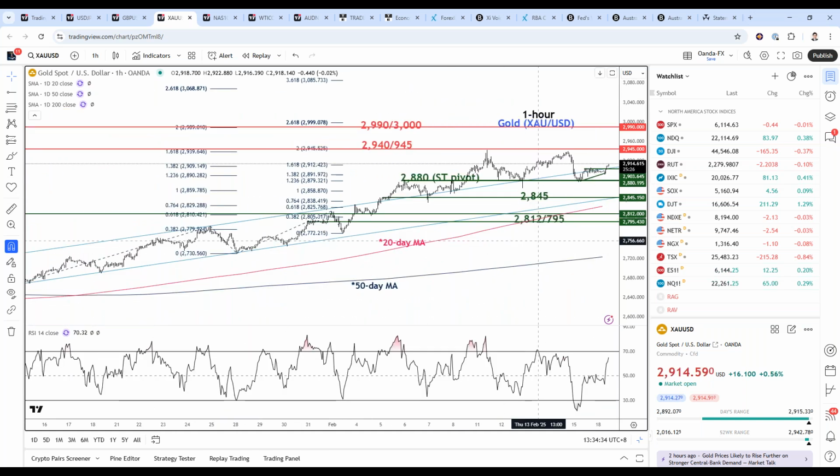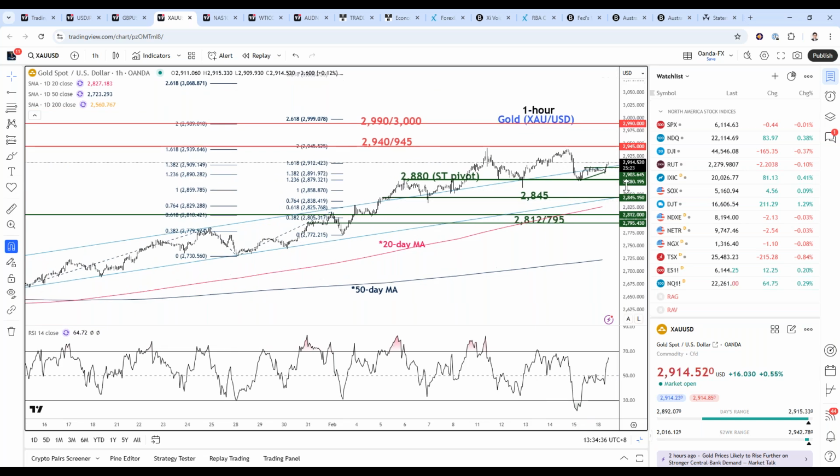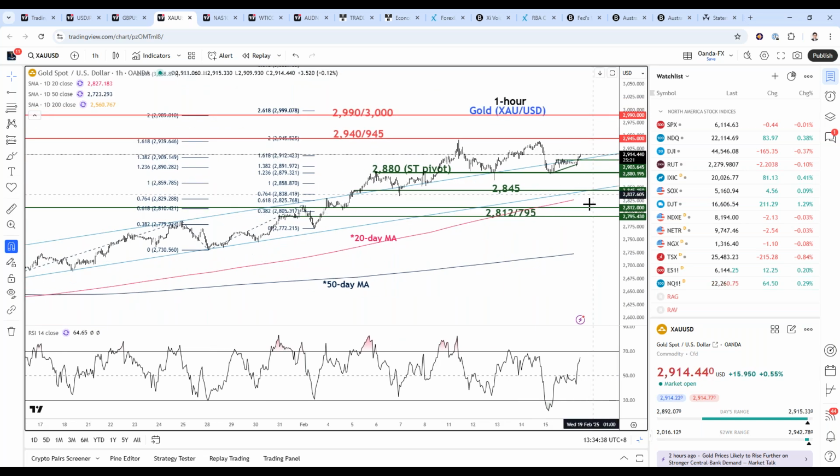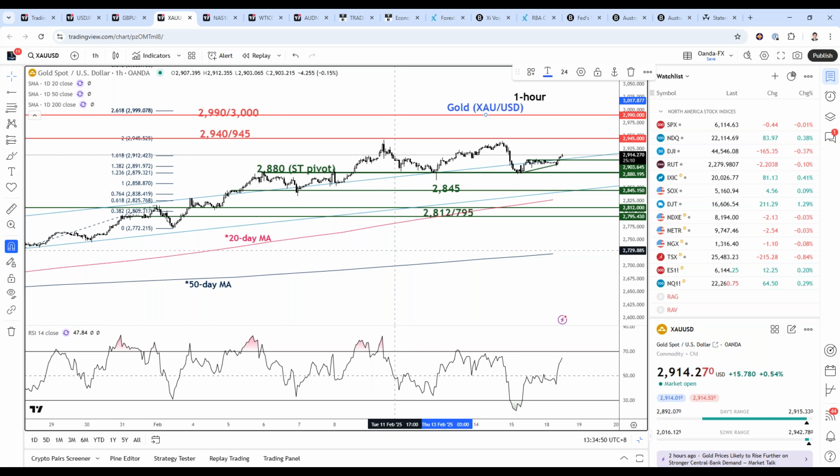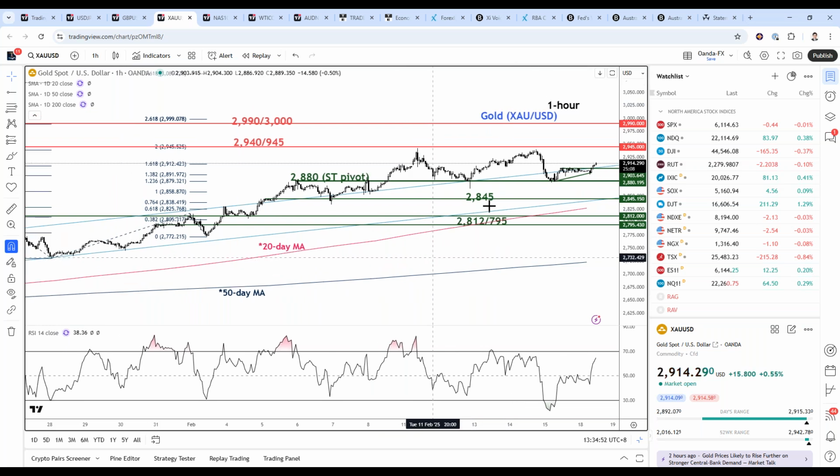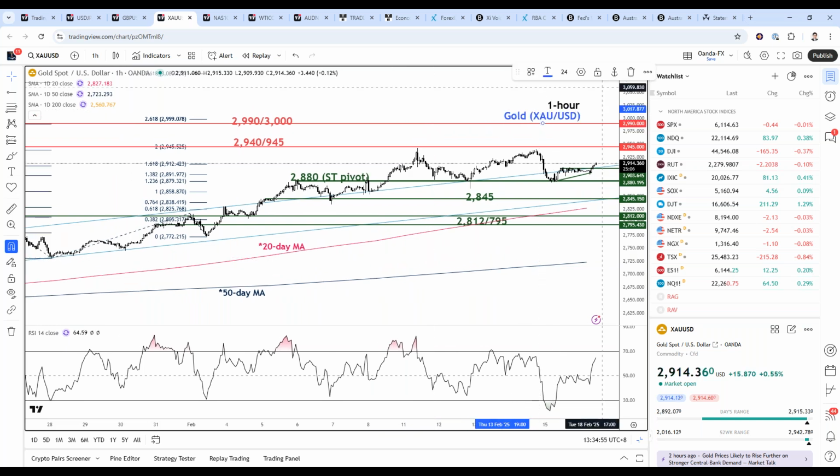A breakdown below 2,845 potentially sees a steeper minor pullback scenario occurring, exposing the next near-term support level at 2,812/795. So net overall, still using 2,880 as my short-term pivotal support level for today to maintain that intraday bullish bias for spot gold XAU/USD.